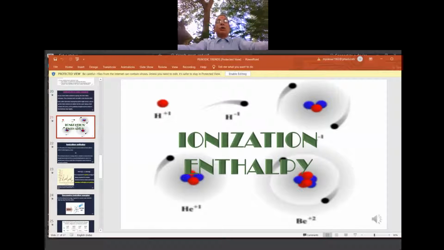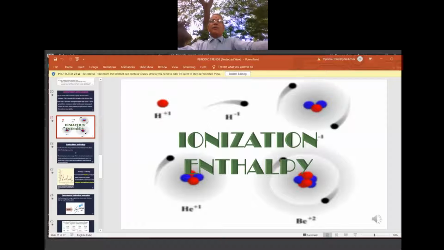So on two grounds we can explain the stability. Ground number 1: if an atom has only one shell, the K shell, and it is full, it is chemically least reactive. Ground number 2: if it has more than one shell, but the last shell contains 8 electrons, according to that ground it is chemically least reactive or most stable.